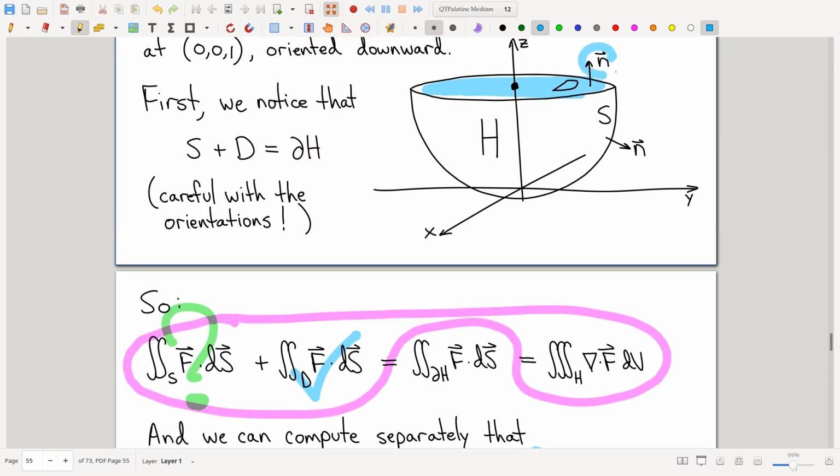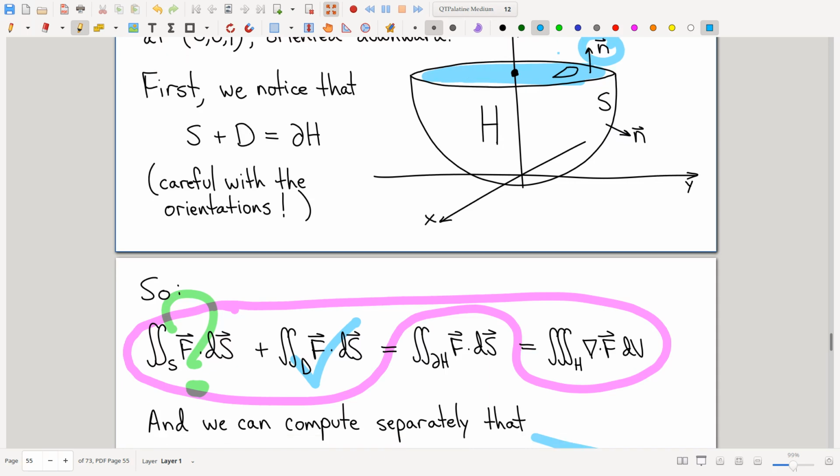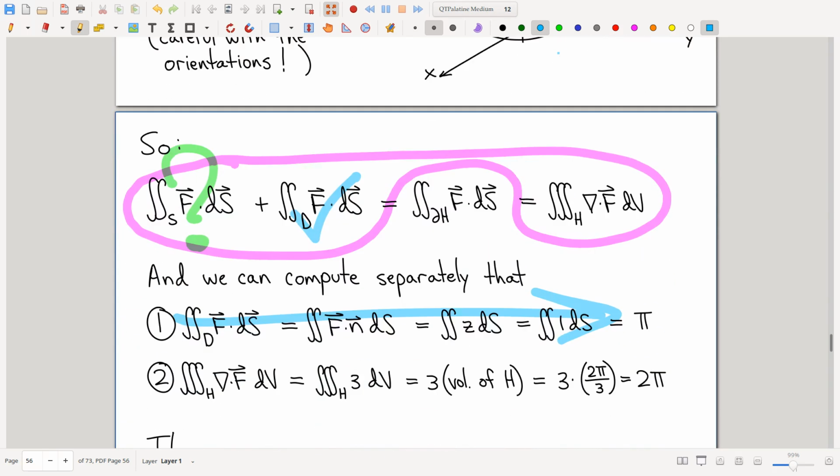It has a super convenient normal vector that I can just look at: 0, 0, 1. It's a constant. It's loaded with zeros. That's an awesome normal vector. I love that normal vector. And again, this blue computation here, pretty straightforward. And then furthermore, this computation, the triple integral of divergence, easy.